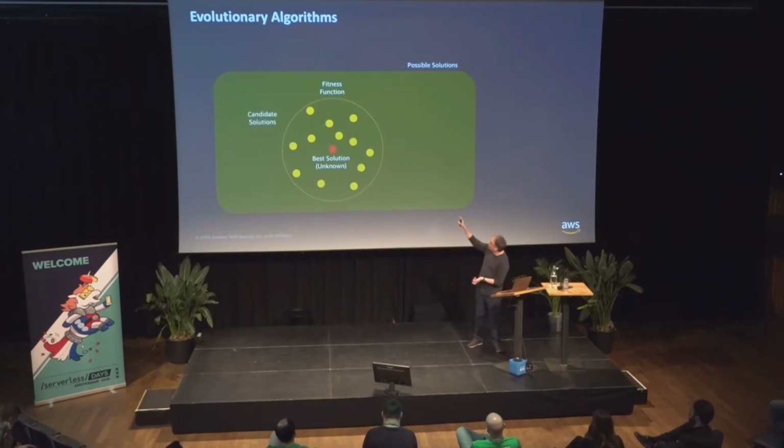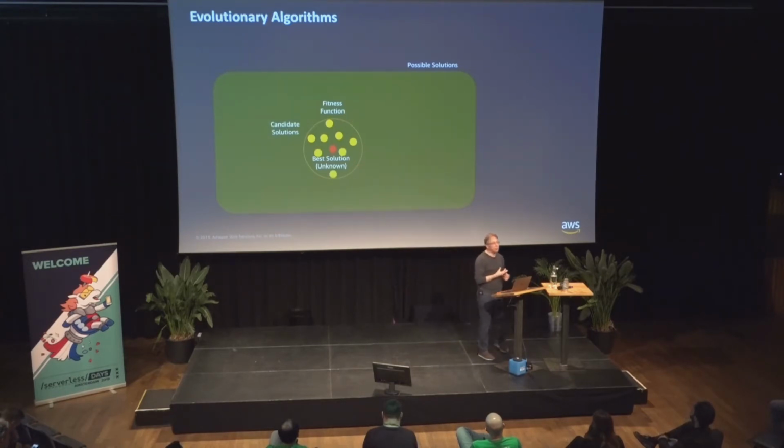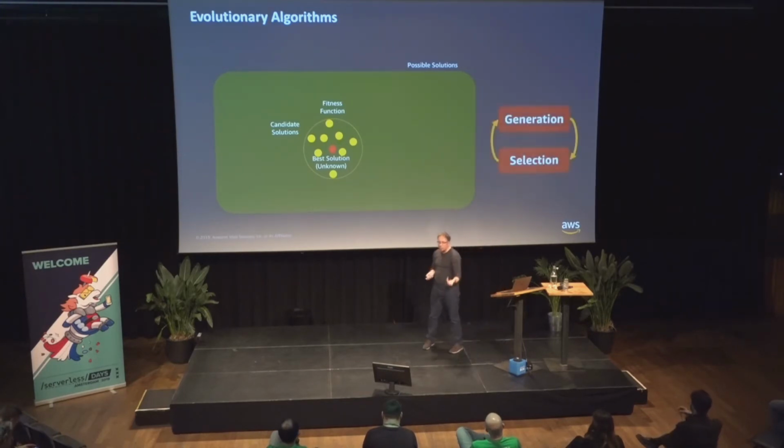Then, when you are there, you can generate new candidate solutions as random variations of the previous solutions. Again, you apply the fitness function, you take only the top candidate solutions and you discard the others. In this way, you get closer to the solution. This is a generic optimization approach that you can use for lots and lots of different tasks. You alternate generating random solutions and then selecting the best solutions to get closer to the optimization that you want to do.